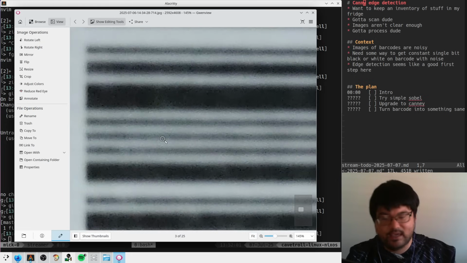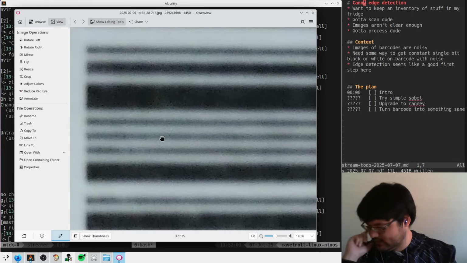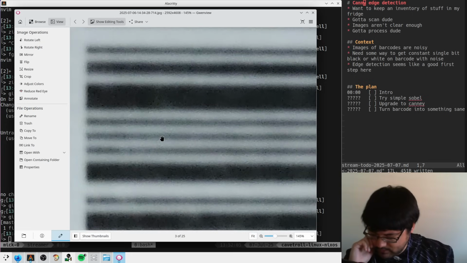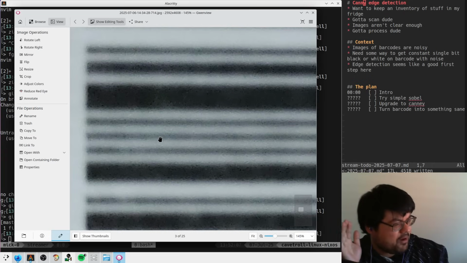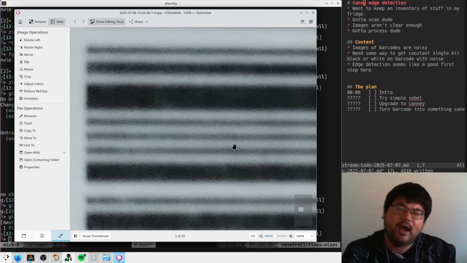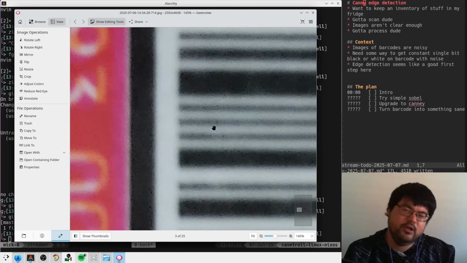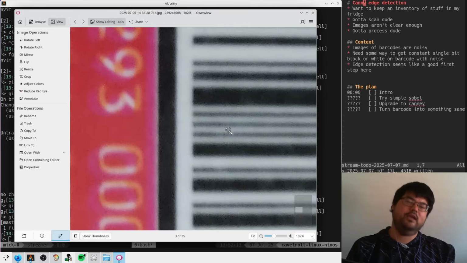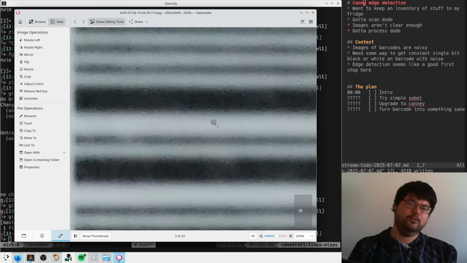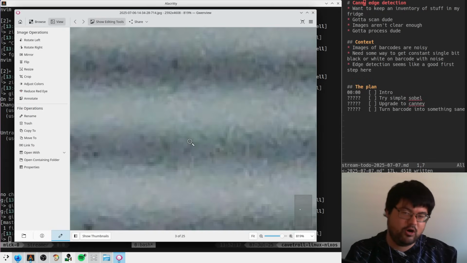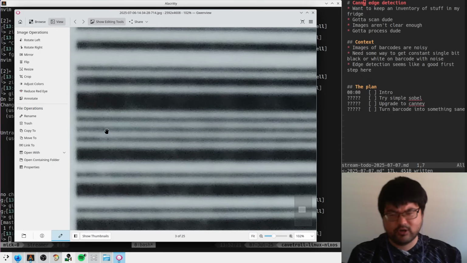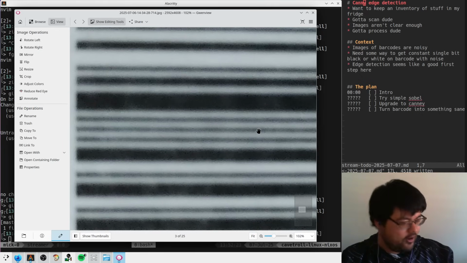So what I'm thinking is edge detection seems like probably a good first step, right? What am I looking at when I look at this strip here? If you squint and zoom out a little bit, when you zoom all the way in, it's actually harder to draw the line. But if you zoom out, you squint, you make it a little blurry, you can see a shape here, right?